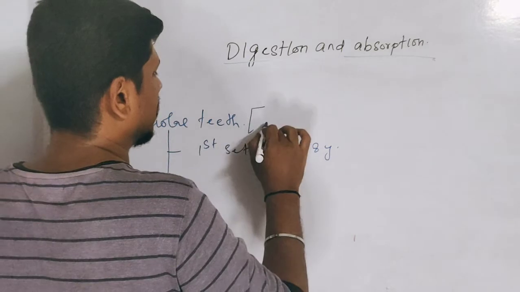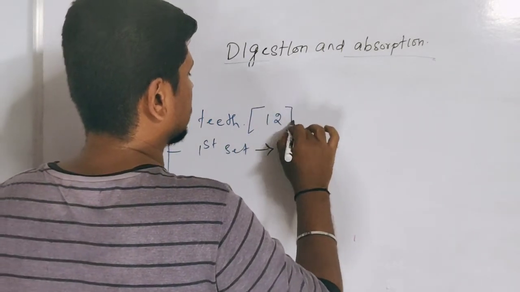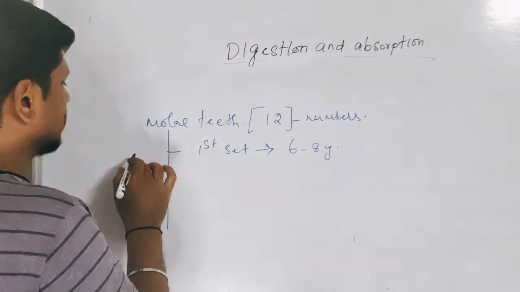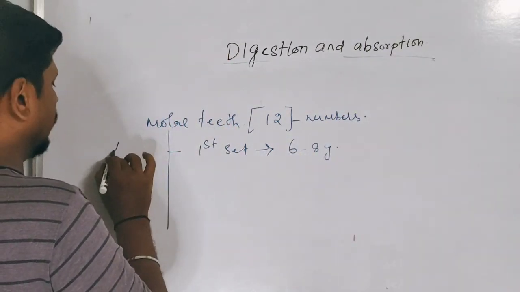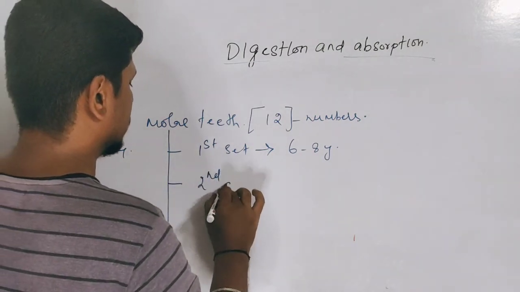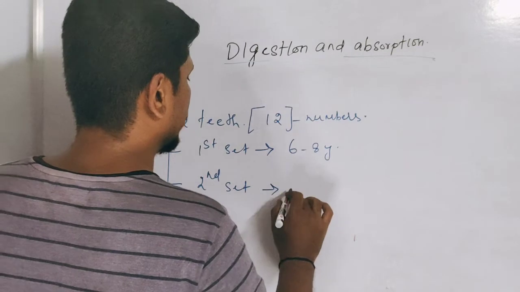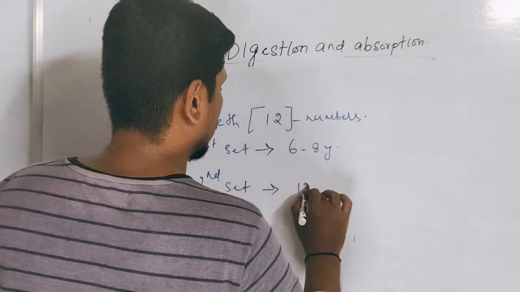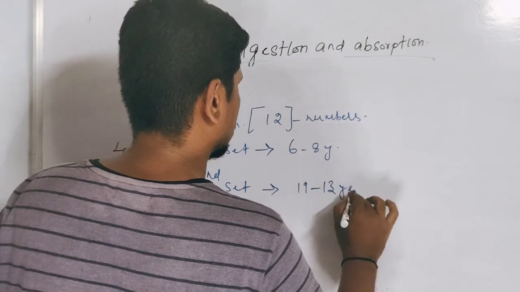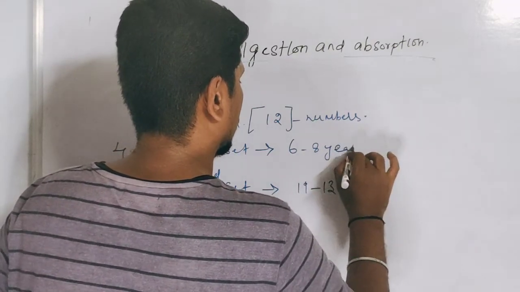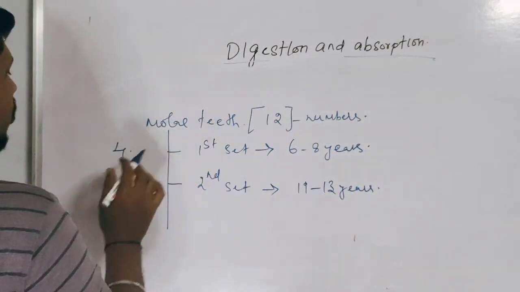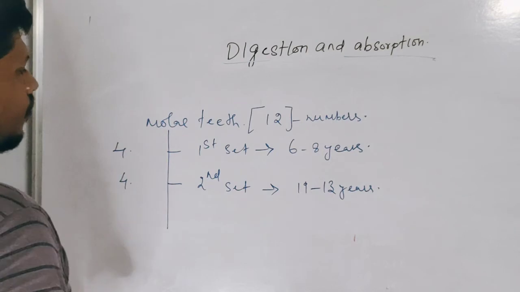These molar teeth are around 12 in number. Clear? First set total number is around 4. Similar way, second set is going to be grown around 11 to 13 years. Total number of the second set of molar teeth is also around 4.